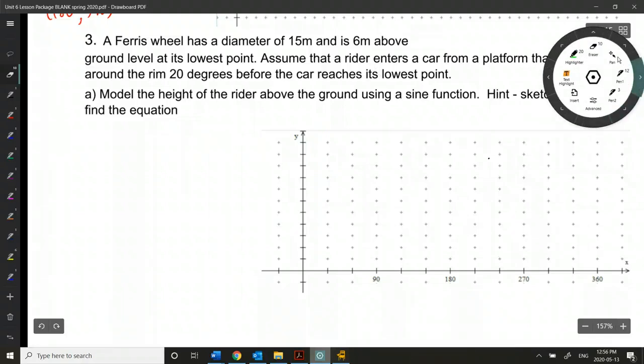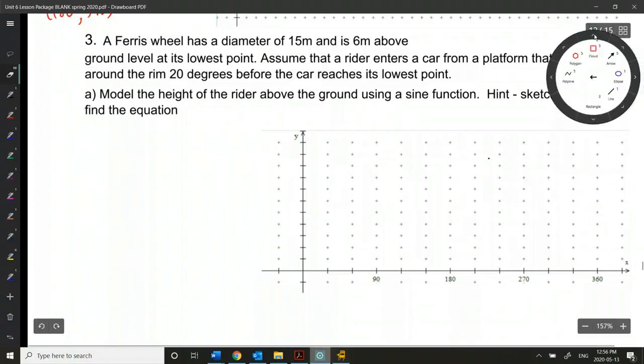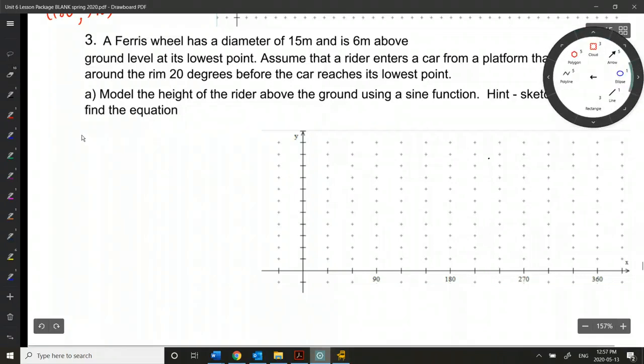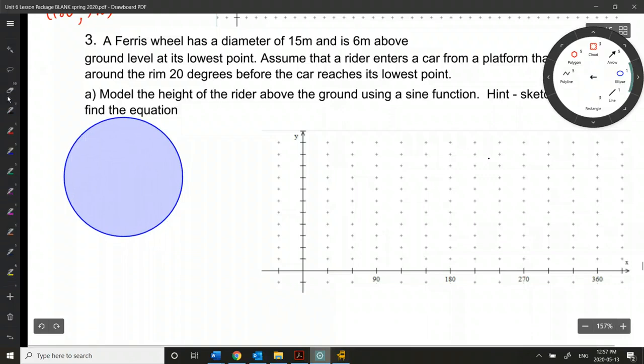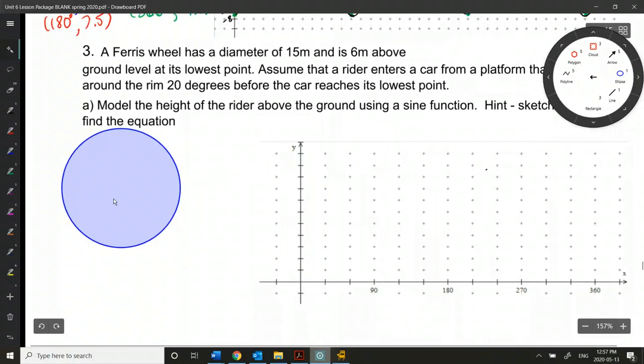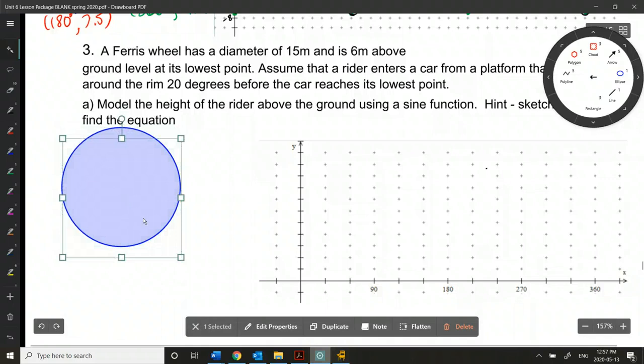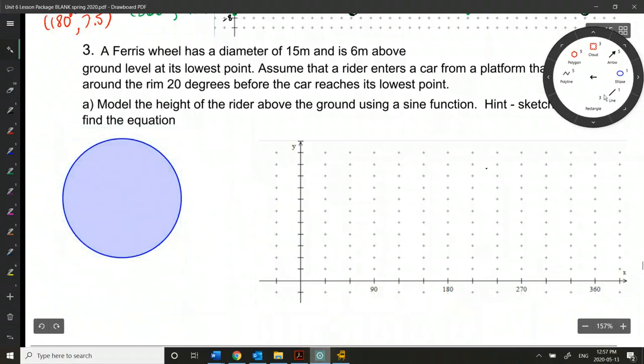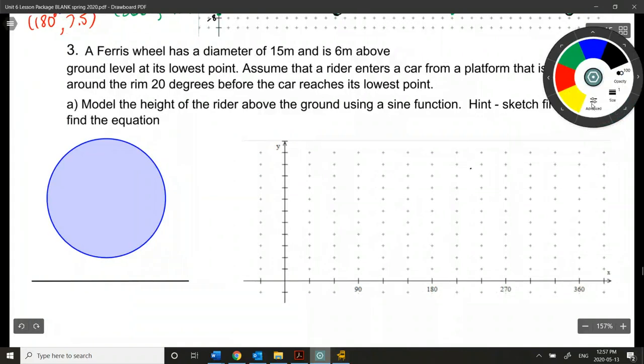So I want to imagine that we're looking at this from a side view. And here's our Ferris wheel. Here's what we ideally want to track: I have a ground here, and I really want to track the height of the person as they are above or below the ground.